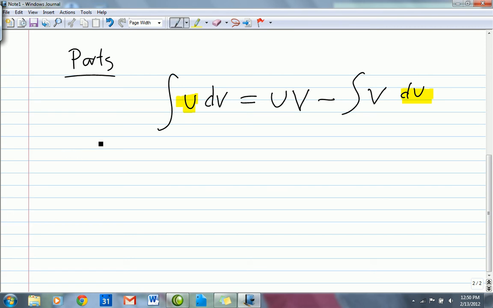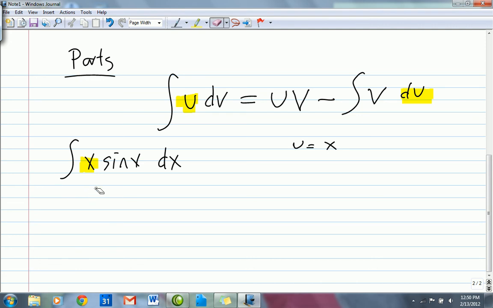So let's go back to the example, the antiderivative of x sine of x dx. What I need to do is make this integrand fit the model of u dv. So I'm going to let u be x, because when u is x, I end up with a du trapped within my integral. My u is going to be x, and I'll put it out here to the side.